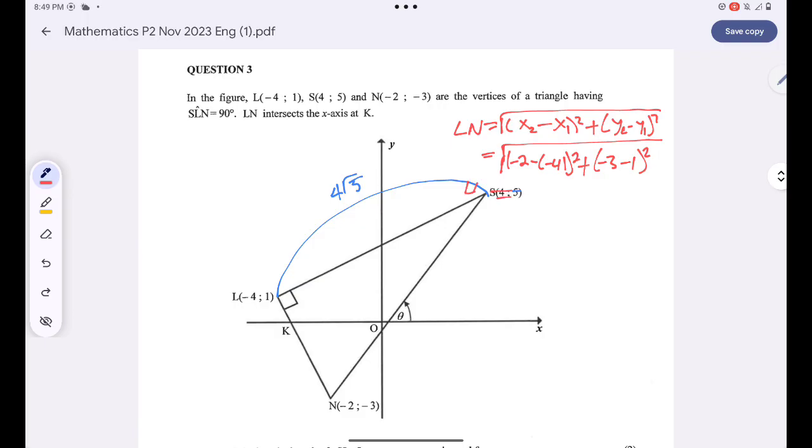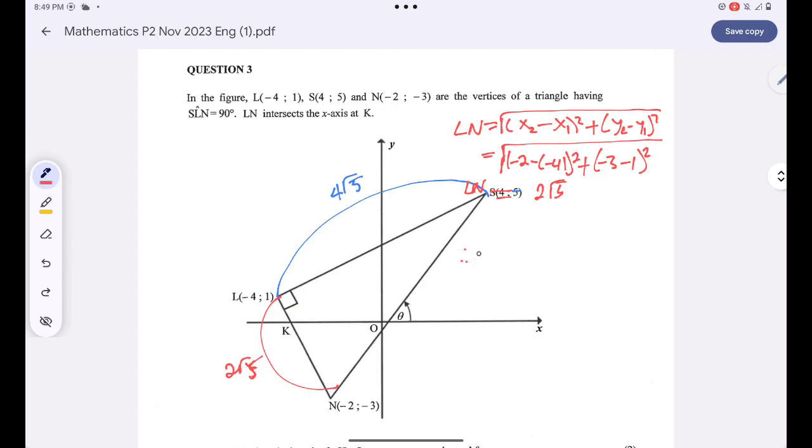So the length of LN is equal to, let me just punch calculator, negative 2 minus negative 4 all squared plus negative 3 minus 1 all squared. So this is just 2 root 5. LN. So I do know the base now. The base is 2 root 5 and the height is 4 root 5.